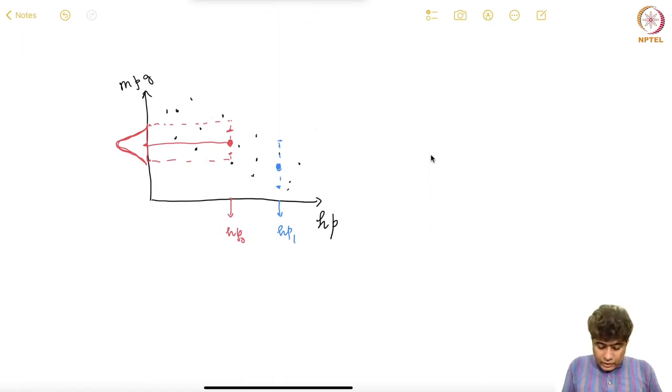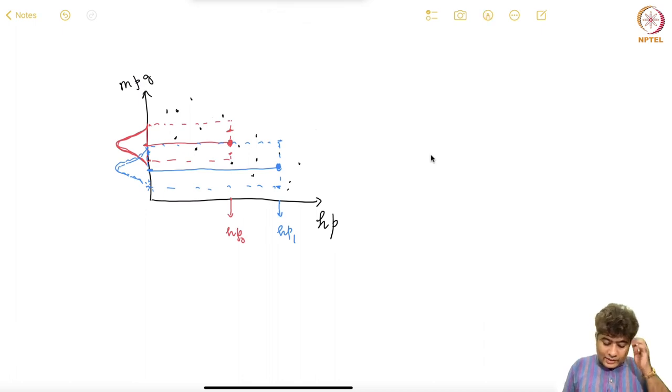So essentially it is like this, and you expect a conditional distribution, some sort of distribution of probable values of miles per gallon in this range, with the expected value somewhere here.